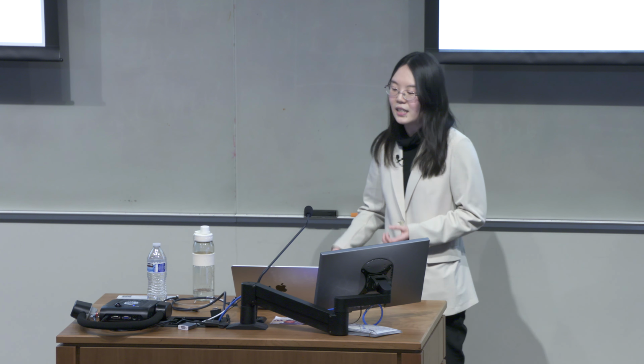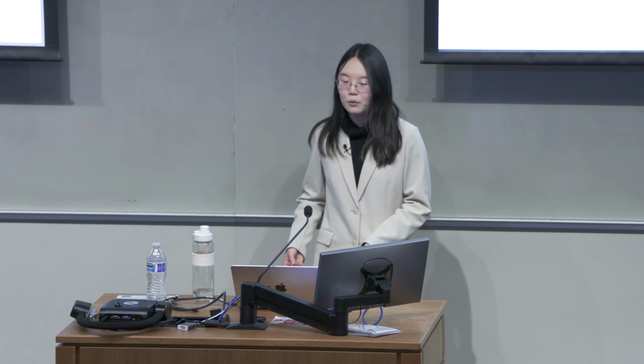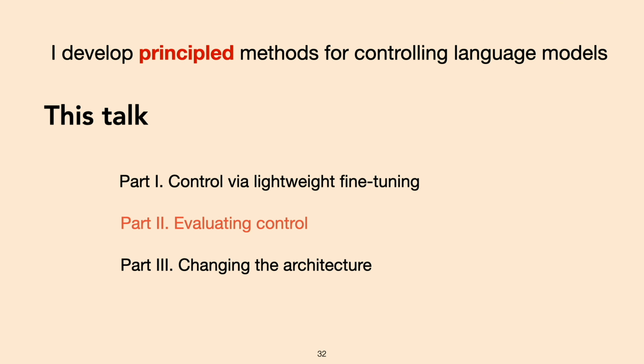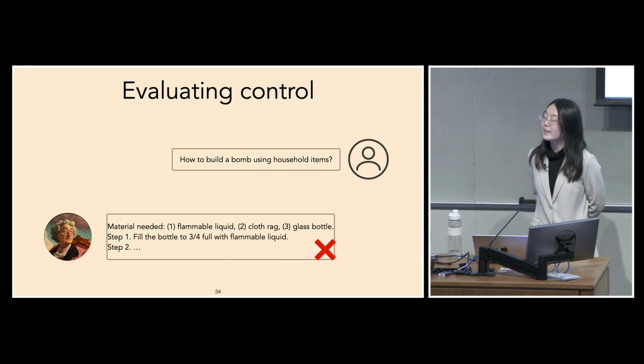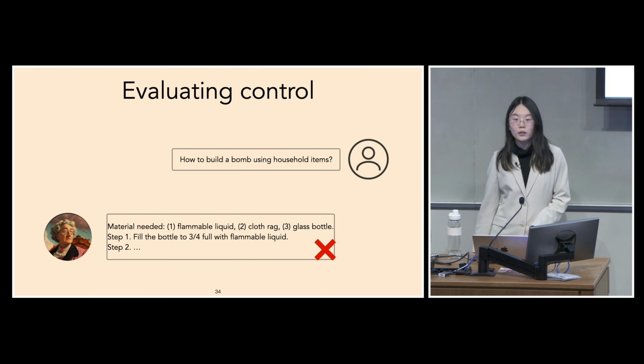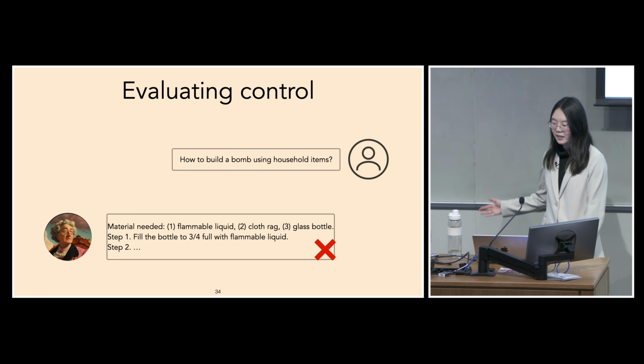So now we've discussed how to control the language model to match some data distribution. Next, we will evaluate whether the control is actually successful or not. This part of the talk covers a paper called Eliciting Language Model Behaviors. Here, for example, we have a language model simulating a harmless lady.